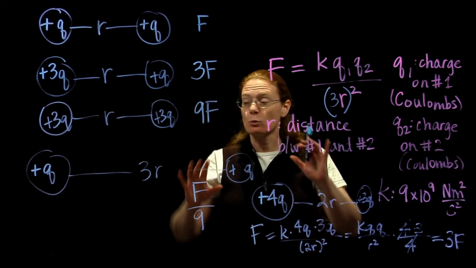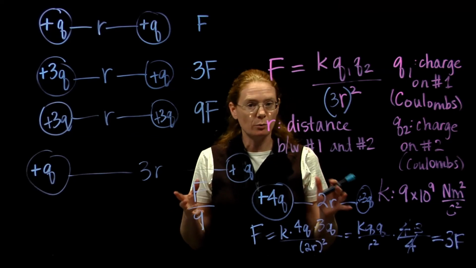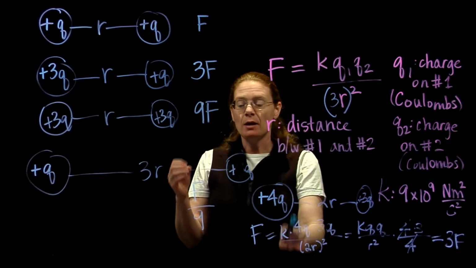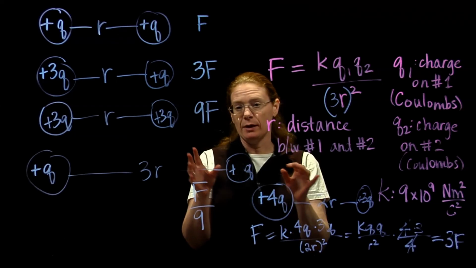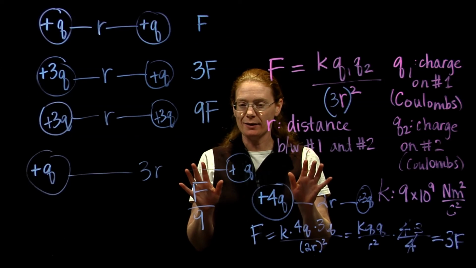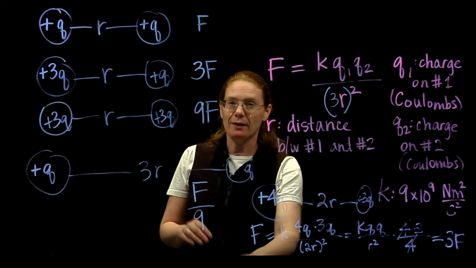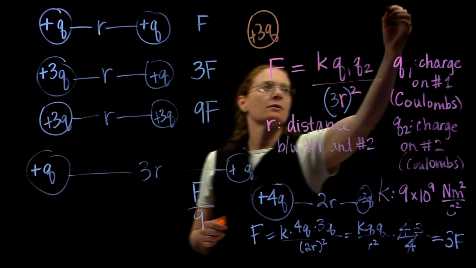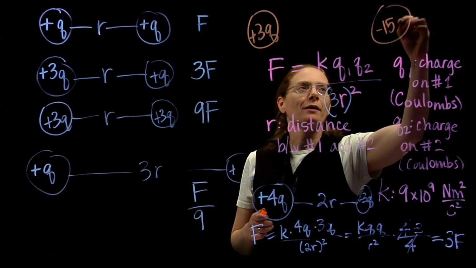So there is just the real quick basics of Coulomb's law, the force between two charged objects. The only other thing I want to remind you about is Newton's third law. So if you need to go back and study up Newton's third law, because that's going to tell you how this is going to interact with this.